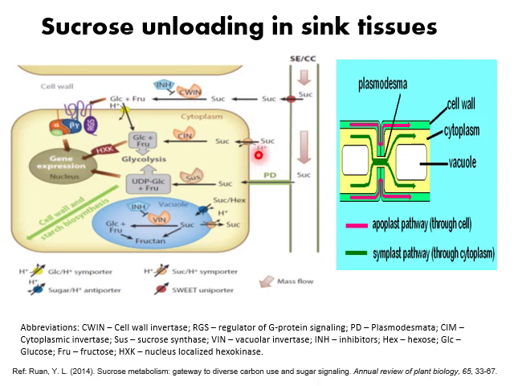First of all, one mechanism is that sucrose is broken down by the cell wall invertase enzyme, which is associated with the cell wall, the CWIN, cell wall invertase. It is broken down into glucose and fructose.